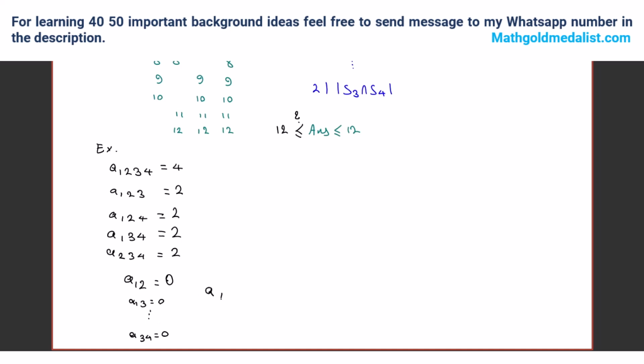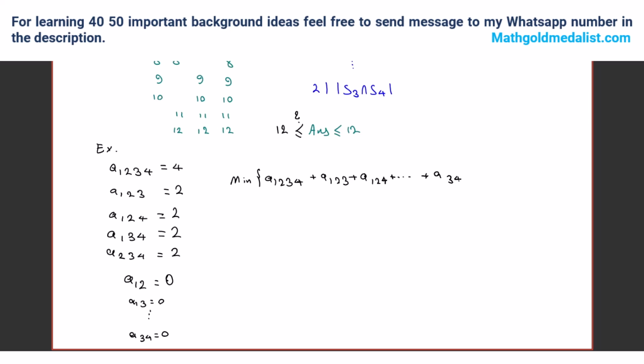And we don't need to check A1 because the problem says only focus on the elements that are in at least 2 of them. So we should calculate the minimum of what? Yes. Elements that are in all of them, plus, yes. And we are not calculating anything twice, right?